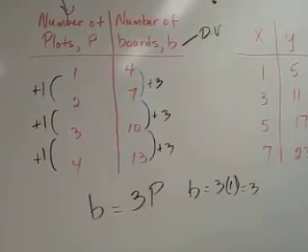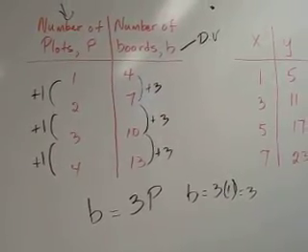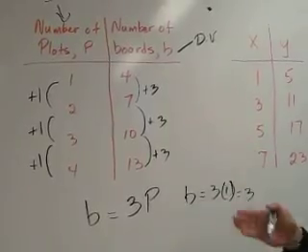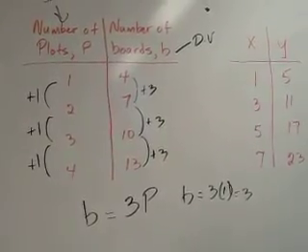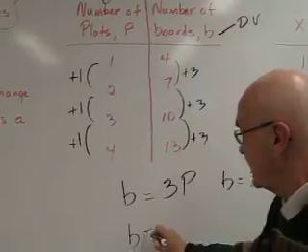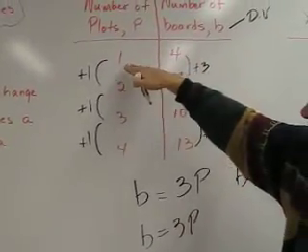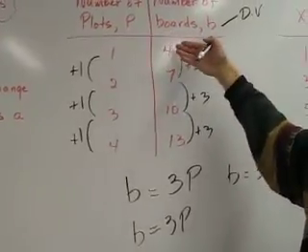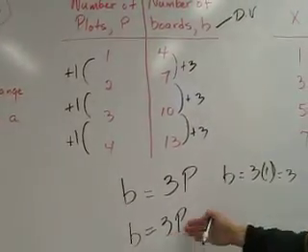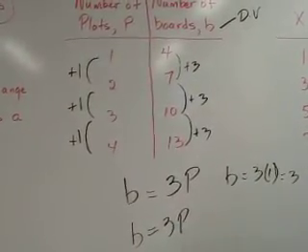So we basically do this by trial and error. There are a couple of methods, but at this stage we use a trial and error method. So how can I take the number of plots and arrive at the number of boards? Well, we know it's at least 3 times the number of plots.